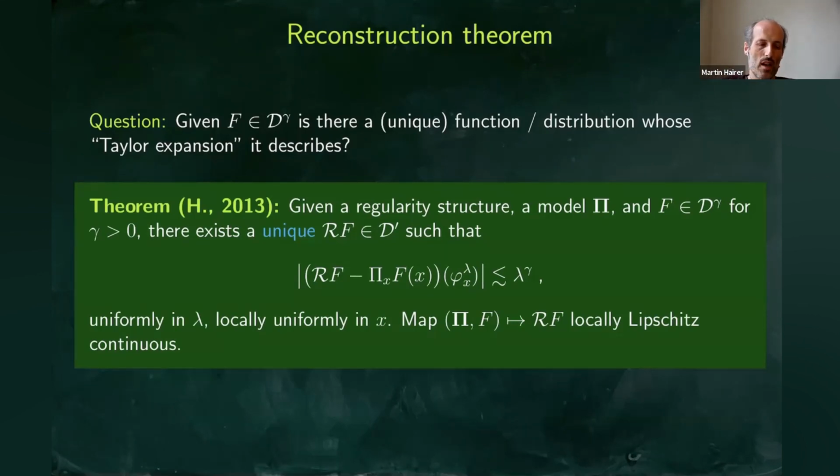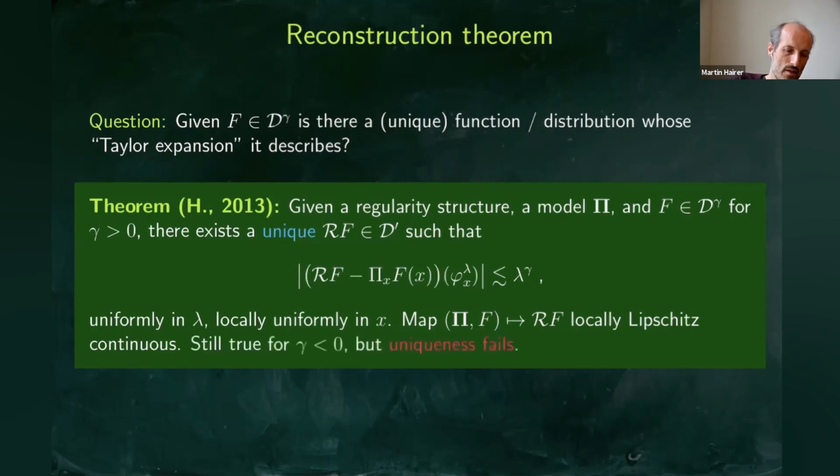here the important thing is that, at least morally, it's a perturbative theory in the sense that what you're trying to describe is something which is not scale invariant, but is in some sense close to something which is scale invariant that you understand well, right?